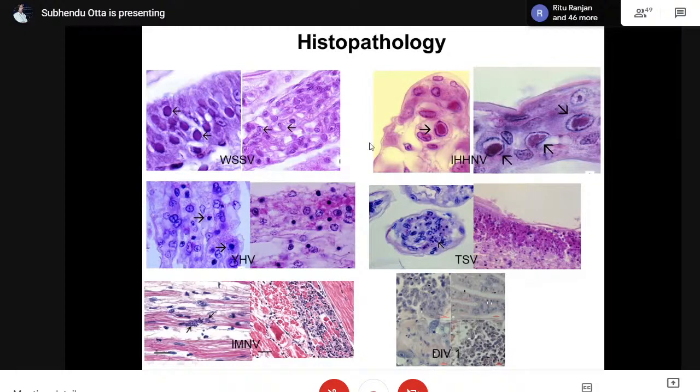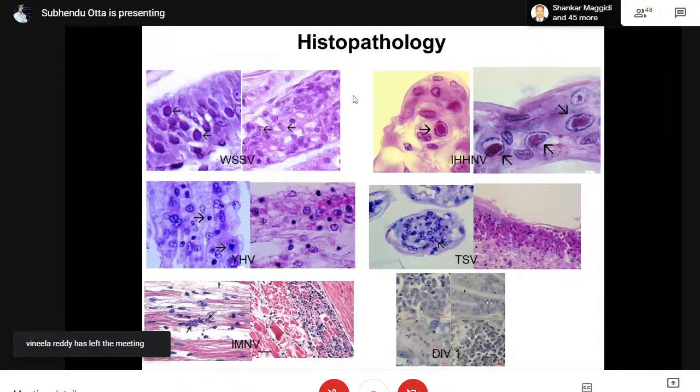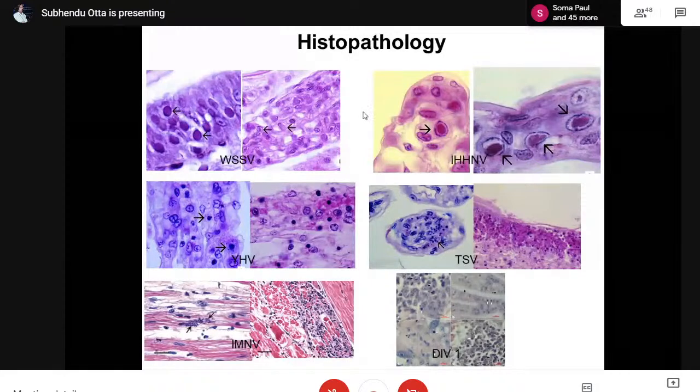So based on the typical structure and your experience, through histopathology, of course, histopathology is considered the gold standard because false positives will be very few. But you should have a greater degree of infection, then only you will be able to detect the virus. Similarly, in YHV, TSV, all the viruses have a definite pattern and different types of inclusion bodies. So by a little bit of practice and experience, you can detect the virus.